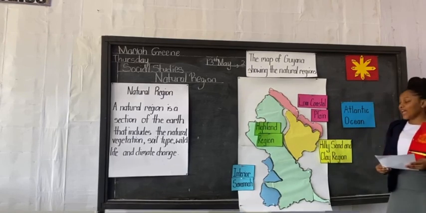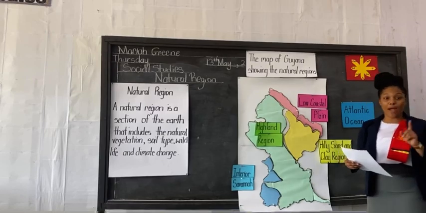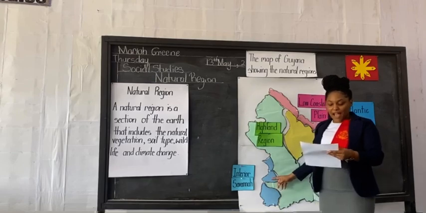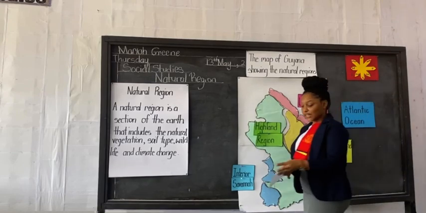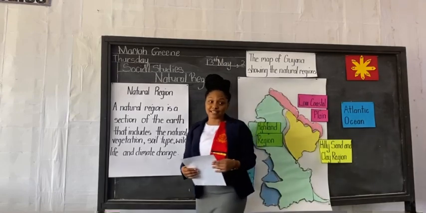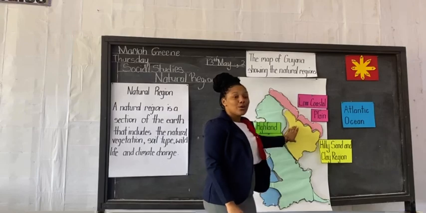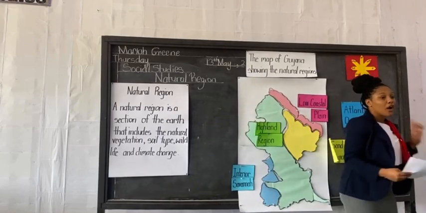Is that the interior savanna? He said it's located southwest of Guyana, which is correct. And finally, the low coastal plain, he said he matched it to the northeast of Guyana, which is absolutely correct. So Elijah and all the members of group B were paying attention.